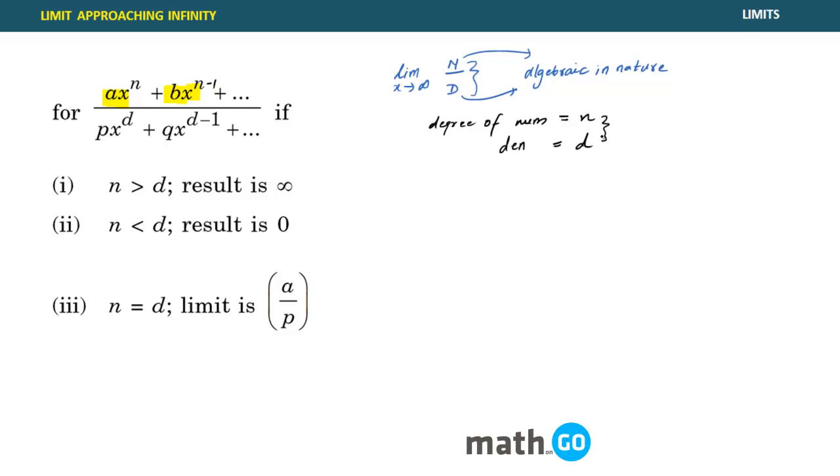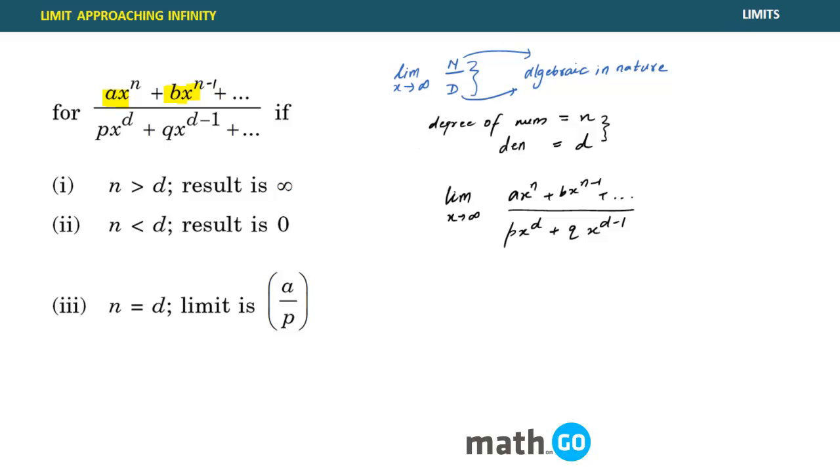So you can tell me the answer to these questions if there is, let's say, limit x approaching infinity of a x raised to power n plus b x raised to power n minus 1, and so on, divided by p x raised to power d plus q x raised to power d minus 1, and so on.